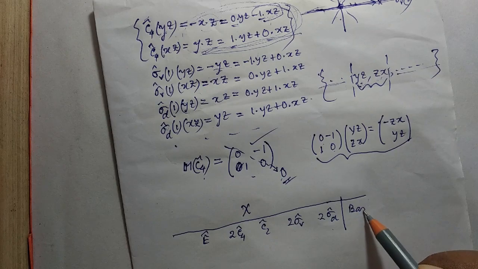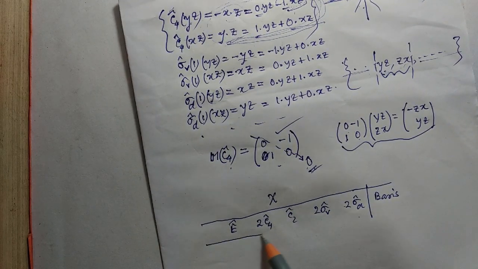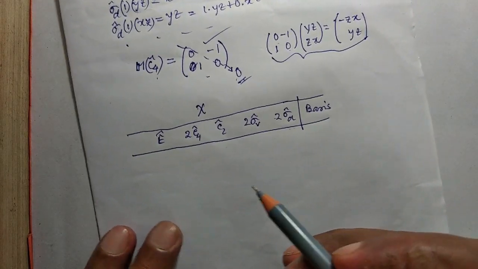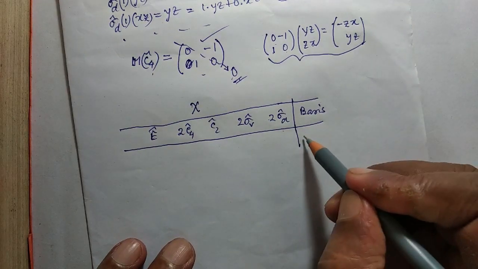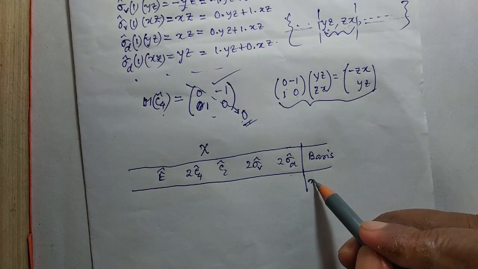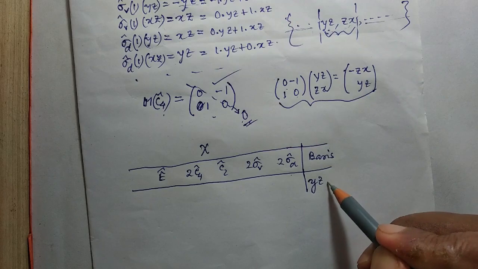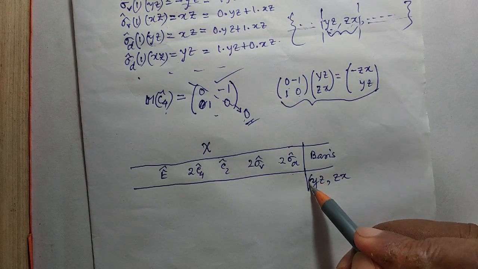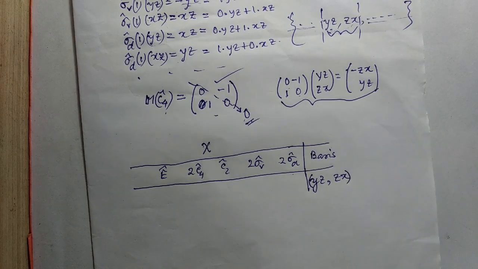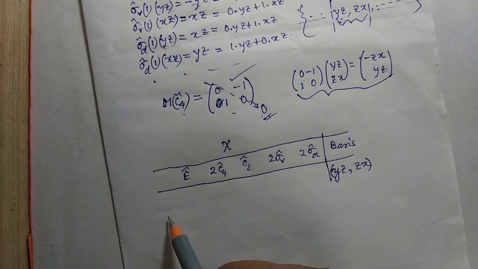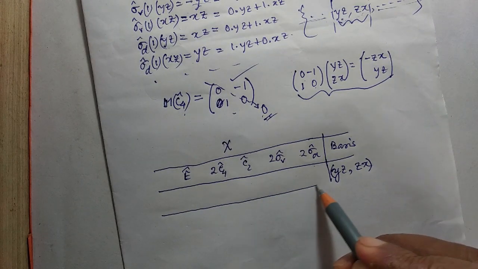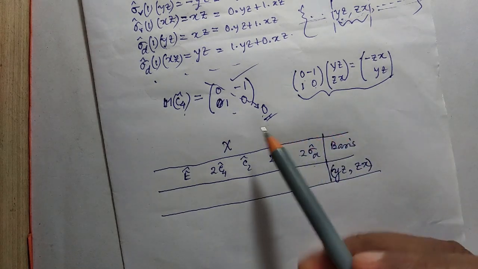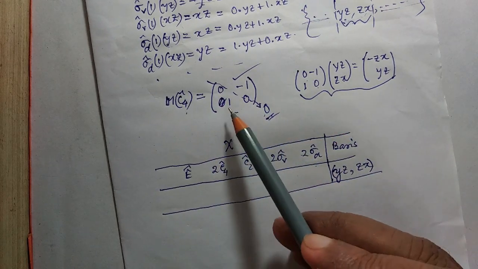And basis. Under basis you have to write two functions, yz, zx. They are acting together. This is indicated by this bracket. And the irreducible representation is of dimension 2, because the matrices are of size 2 by 2.